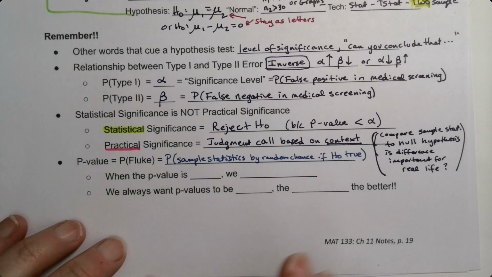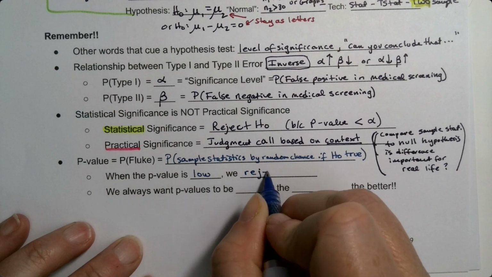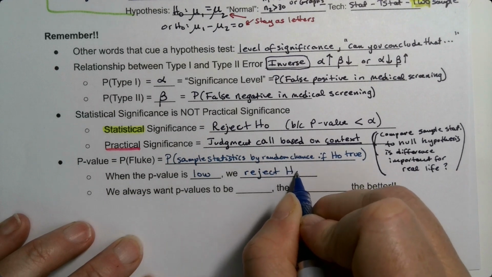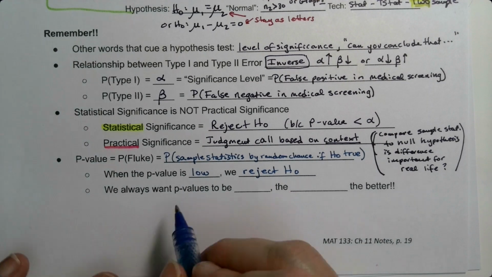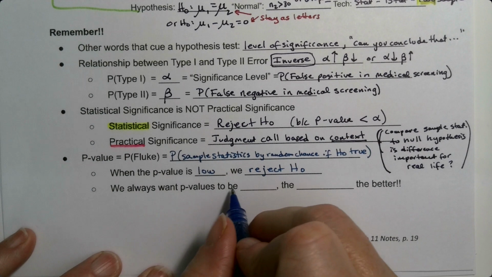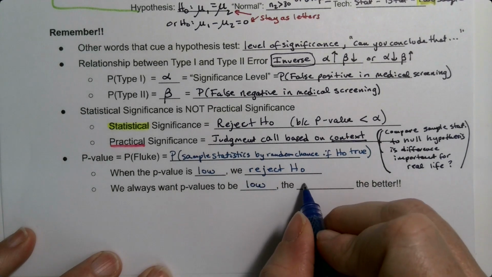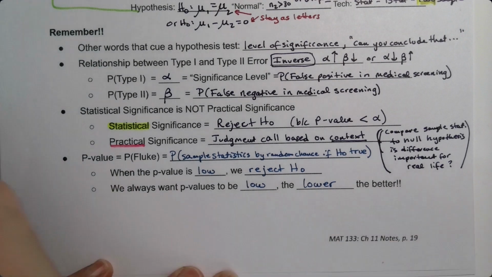All right, and remember, when the p-value is low, we reject H0, the null hypothesis. We always want, because we're always trying to reject that null, we always want our p-values to be low. The lower, the better. Now, what does better mean? Better means more significant.